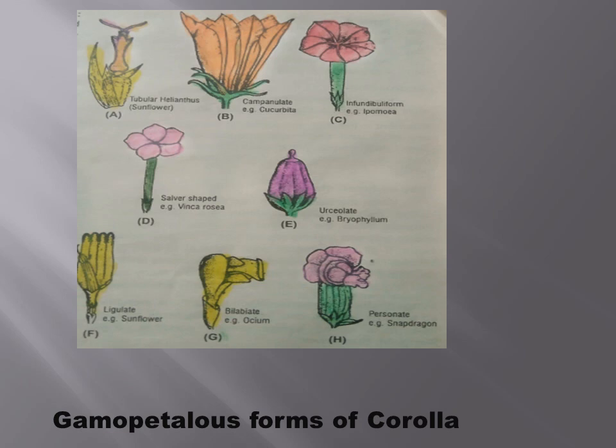E is the urceolate, present in the Bryophyllum flower. F is the ligulate form of the corolla, present in the sunflower. G is the bilabiate, present in the Ocimum flower. H is the personate, present in the snapdragon flower. So these are the gamopetalous forms of the corolla.